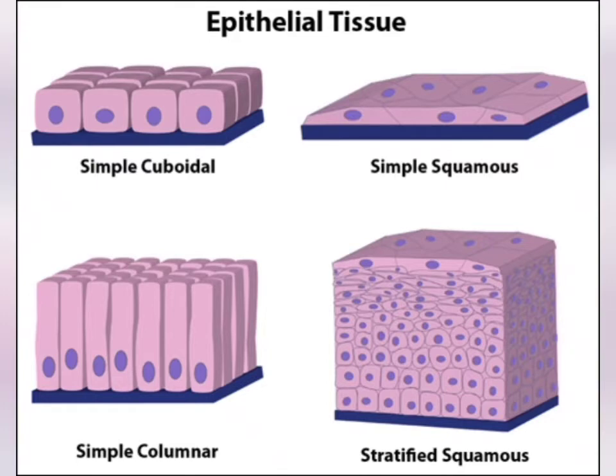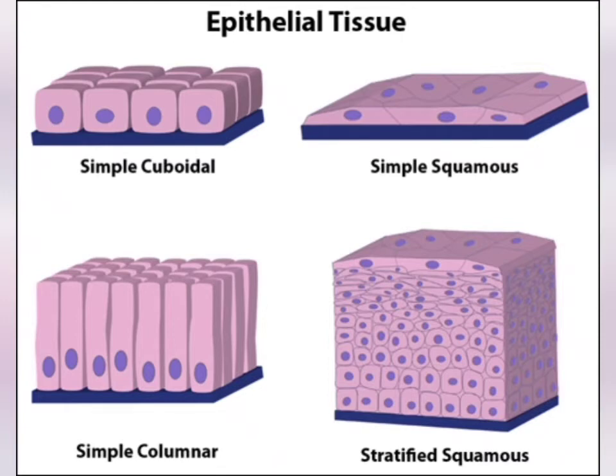And the same, simple squamous epithelium indicates a single layer of cells, but in this case the squamous cells are not cuboidal in shape, they are flat in shape. Simple columnar indicates the cells in this tissue have a columnar structure, arranged in a single row.